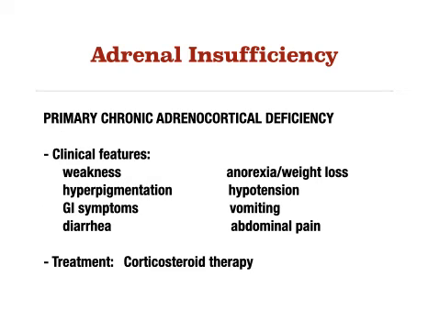Generally, patients with this condition present with weakness. Sometimes you may see hyperpigmentation, hypotension, anorexia or weight loss, and vomiting or any of those GI symptoms. The treatment for this is administration of corticosteroid.